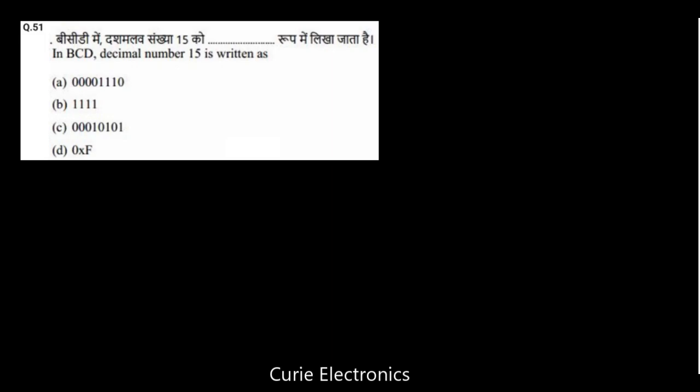Question number 51. In BCD, decimal number 15 is written as? We have to write 15 in BCD. BCD means binary coded decimal.